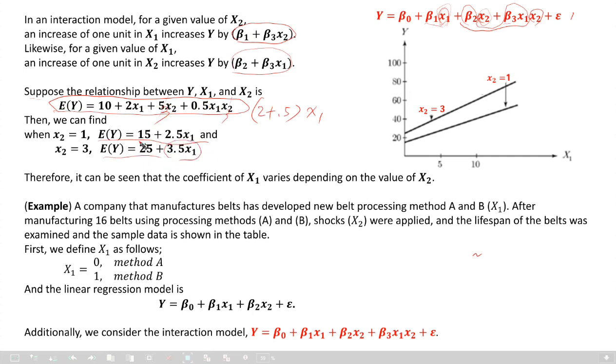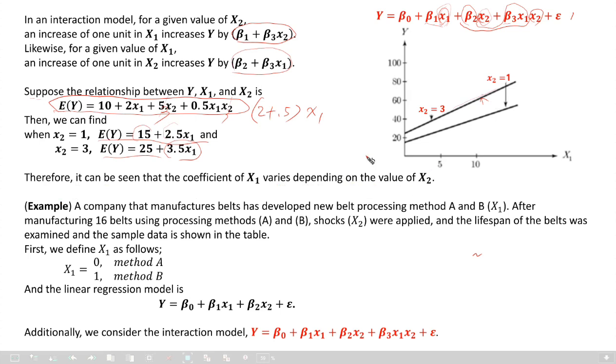So the intercept and slope change depending upon the value of x2. With x2 equal to 1, it is 15 plus 2.5 x1. With x2 equal to 3, it is 25 plus 3.5 x1. The slope is raised. Therefore, the coefficient of x1 varies depending on the value of x2.